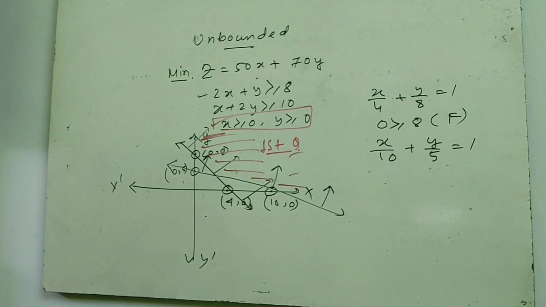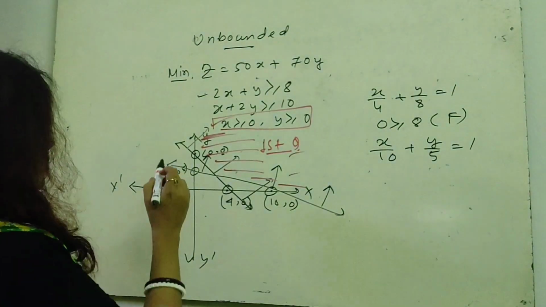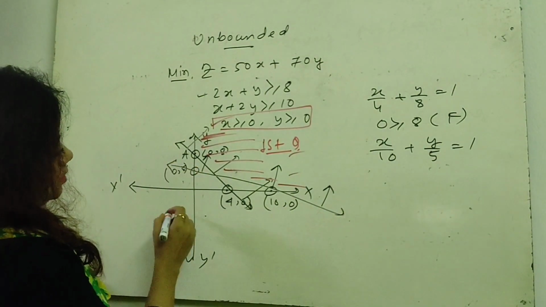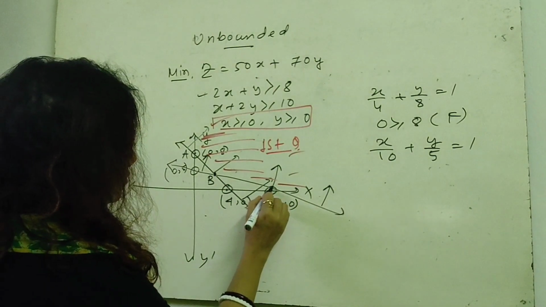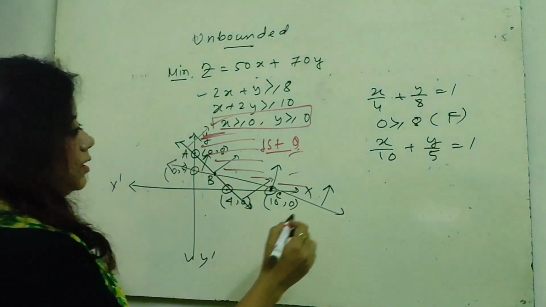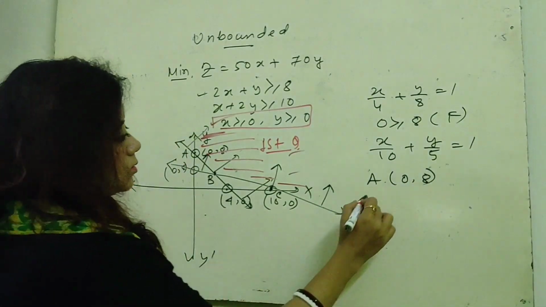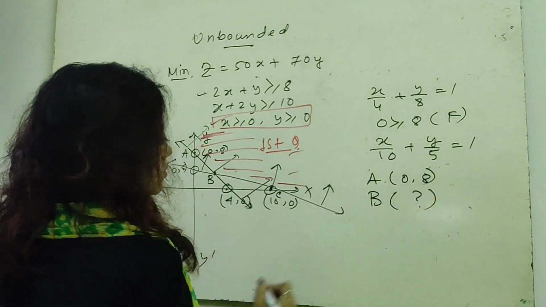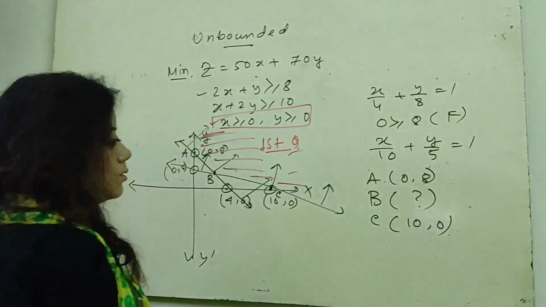Okay, alright. Now what do I have to do? I have to find out the corner points. What are the corner points? A, B and C. I know A is 0, 8. I don't know B. I have to find it out. I know C. C is 10, 0.